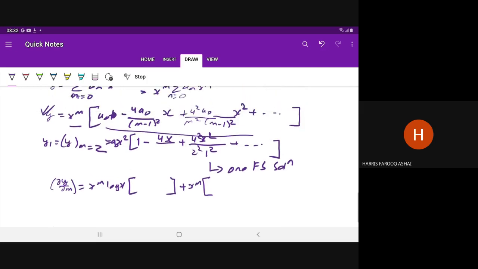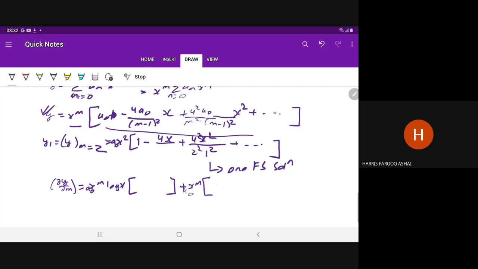Here a naught you can take common. Inside we have 4 upon m minus 1 whole square into x.